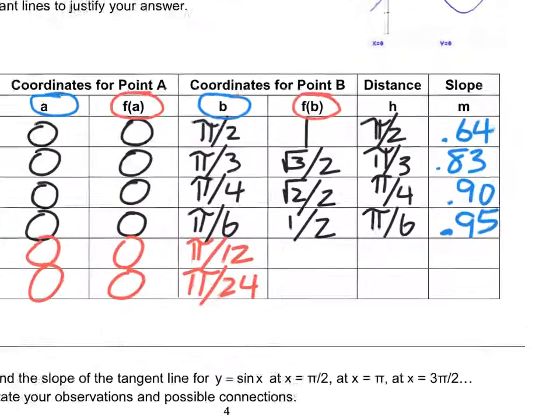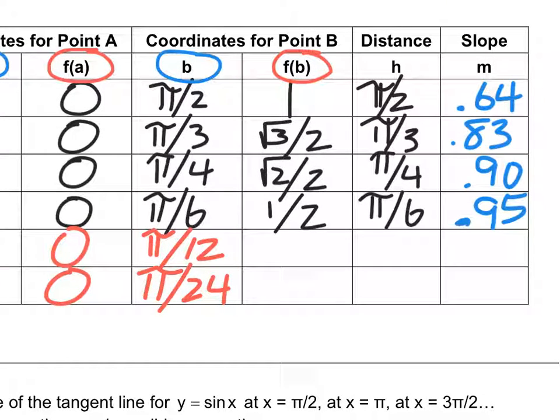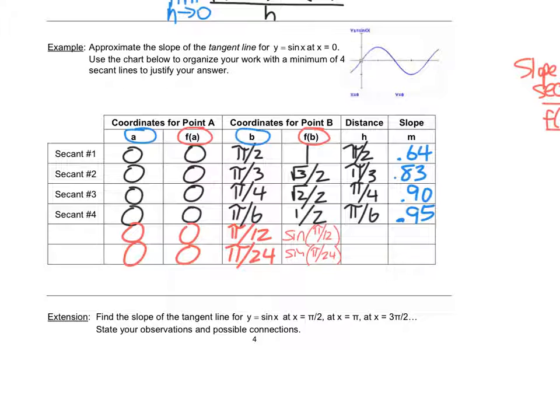What I'll do instead is write it as the sine of pi over 12 and the sine of pi over 24. The next column is just a reproduction of b, so that's just pi over 12, pi over 24.